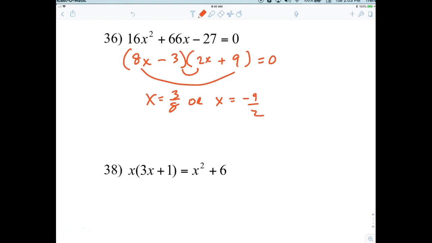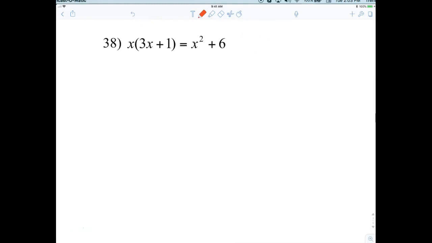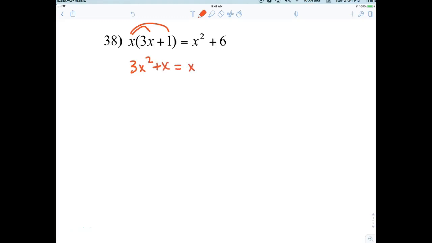All right, now, does everybody agree we got problems on 38? Yes. Yeah, because first of all, it's not set equal to 0. All right? So what I need to do now, be careful, listen to what I'm saying. I've got to create the quadratic first. So to create the quadratic, I just have to go ahead and multiply that out. When I multiply that out, that becomes 3x squared plus x equals x squared plus 6.